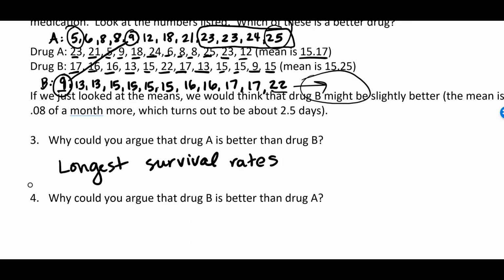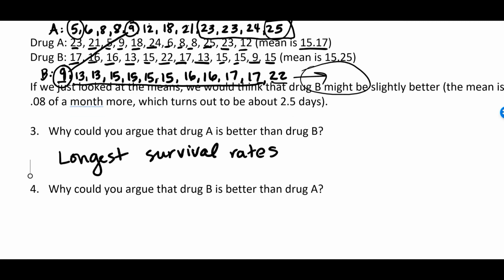If we look, these numbers seem to be a lot more clustered around this middle section, whereas here it jumps from 12 to 18 and 21. There's a lot of variation here. So I would say drug B is kind of more consistent.